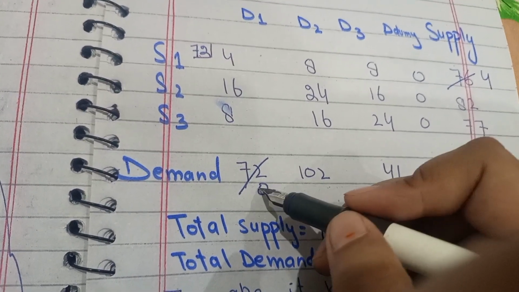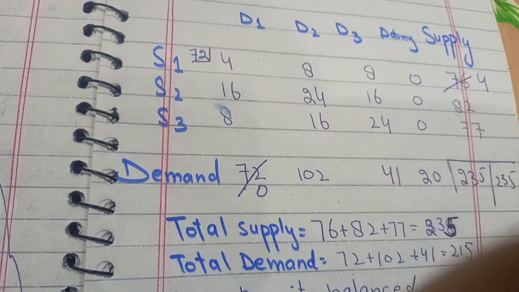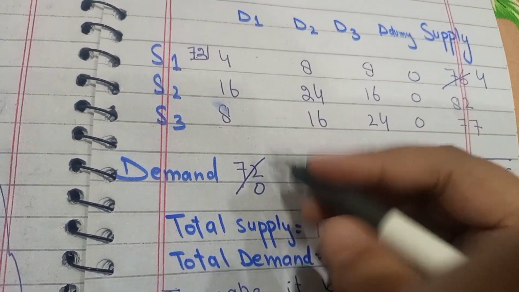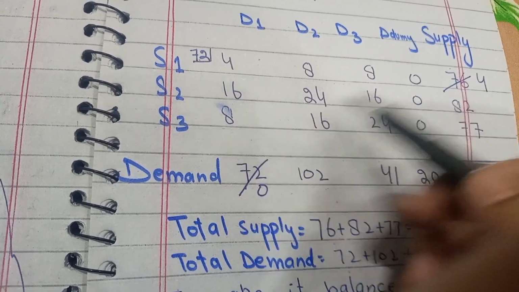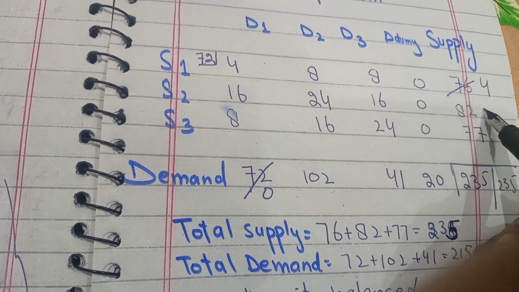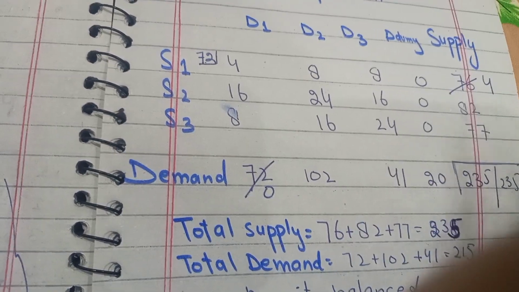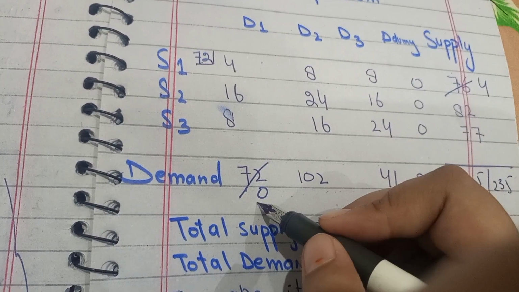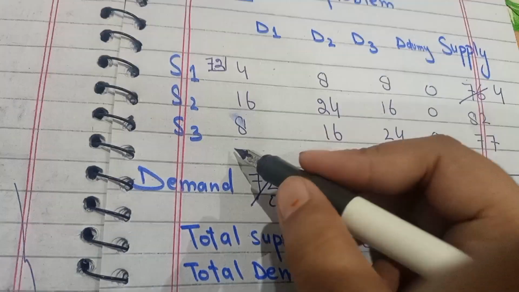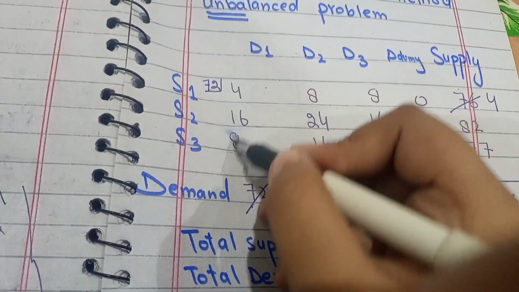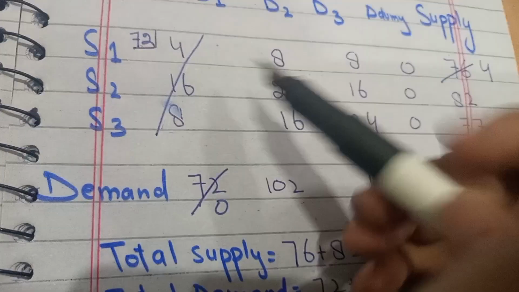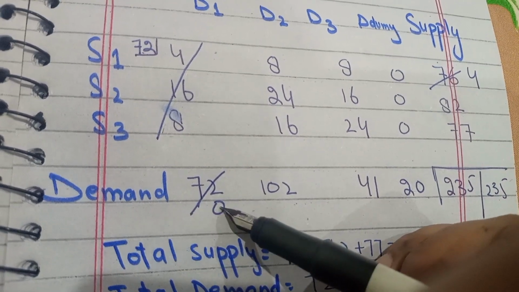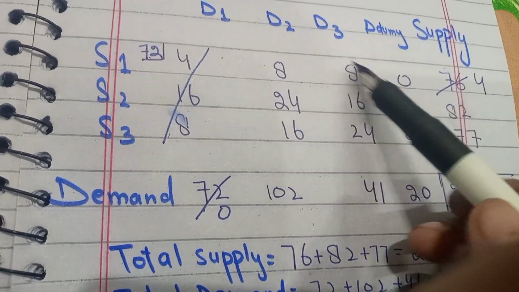But students, we have discussed in earlier videos that when demand becomes 0, the whole column is cancelled, and when supply becomes 0, the whole row is cancelled. Now the demand is 0 because 72 minus 72 equals 0, so the whole column is cancelled out. So we cannot choose 16. Now we have to choose another number.